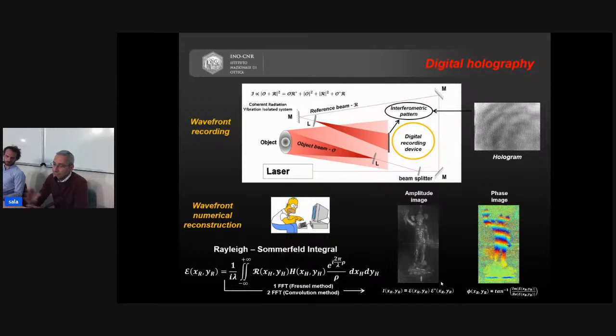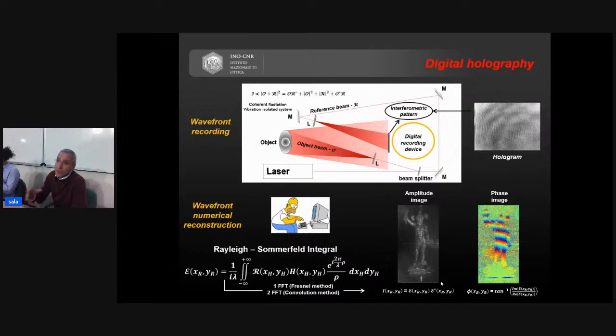The radiation scattered back from the sample then interferes with the reference beam and creates an interferometric pattern, which is the hologram. And then we can insert this digital hologram matrix inside the discrete form of the Rayleigh-Sommerfeld integral in order to calculate numerically the complex wavefront coming from the sample.